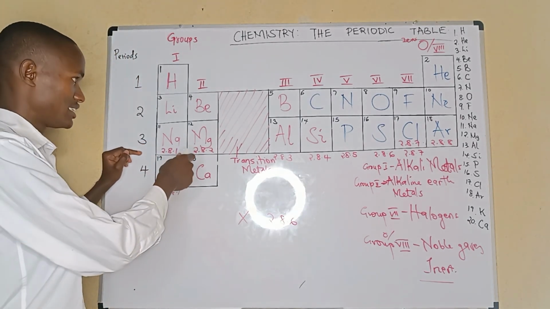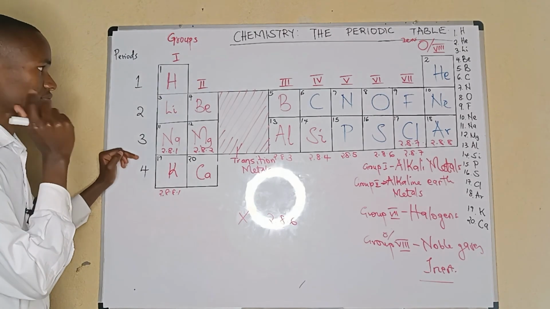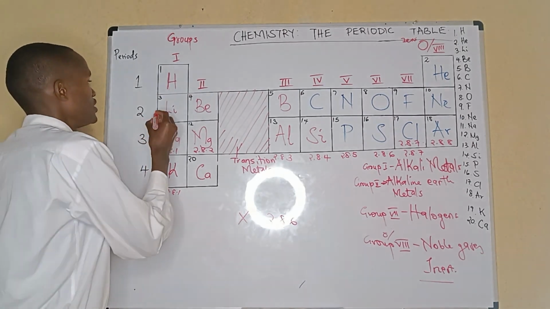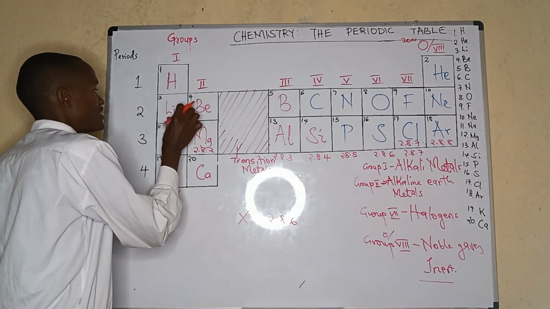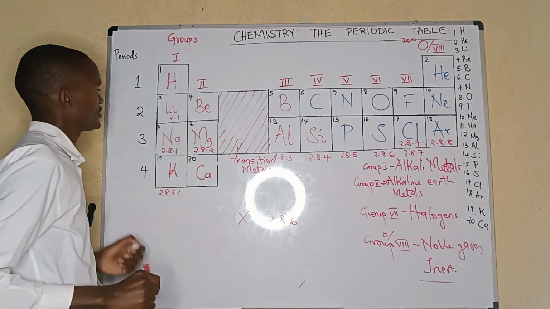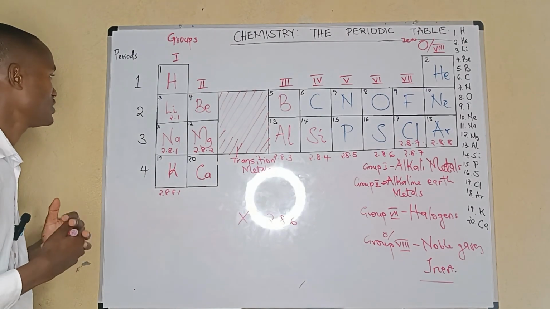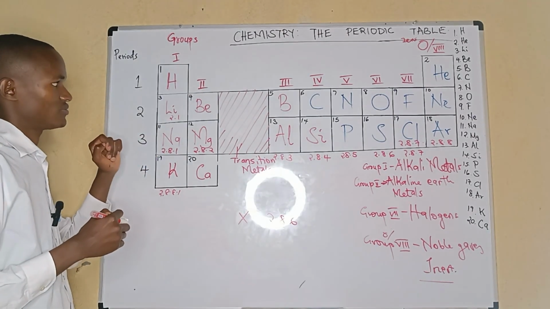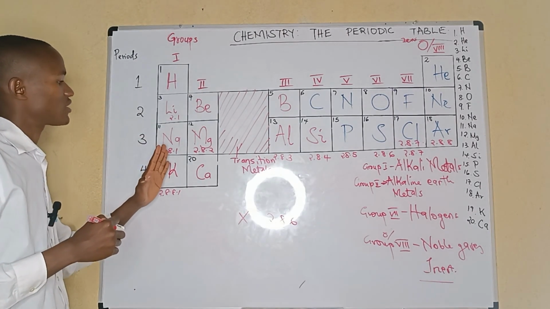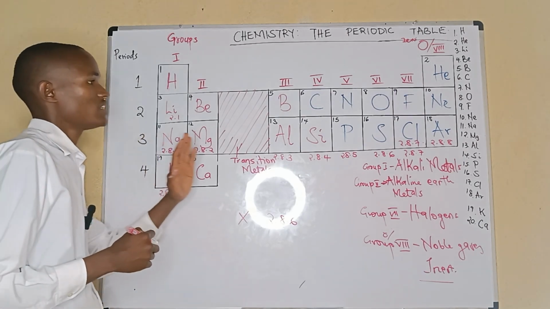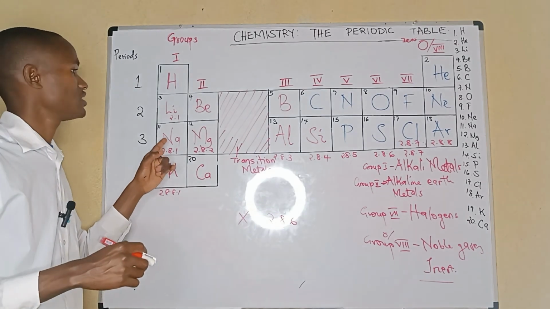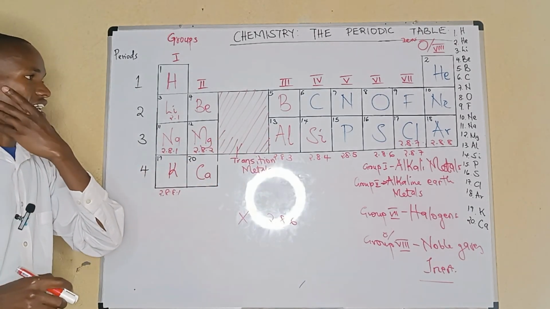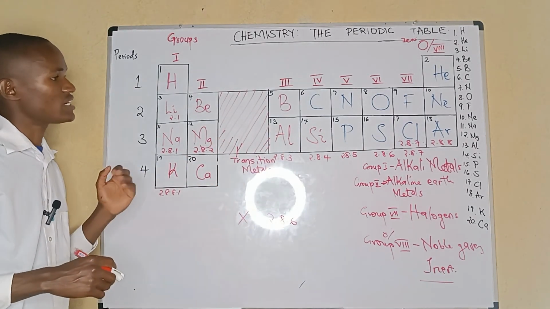Then lithium will be 2, 1, atomic number 3. Simple, so it is of period 2. The atomic number increases from sodium up to argon.